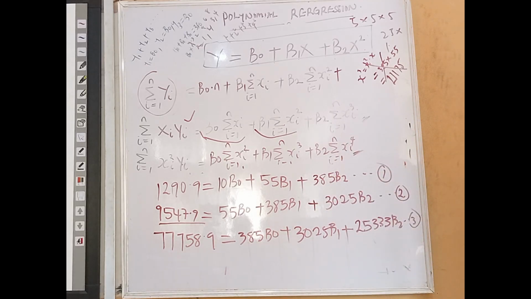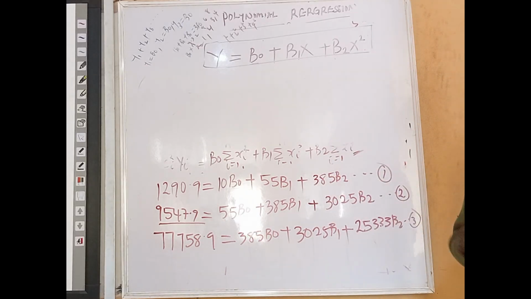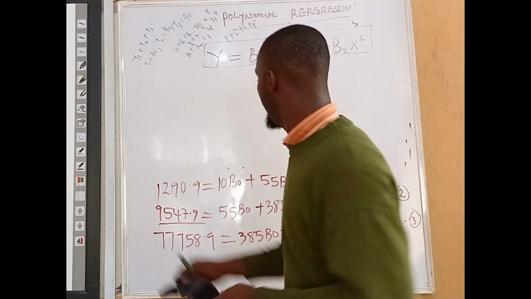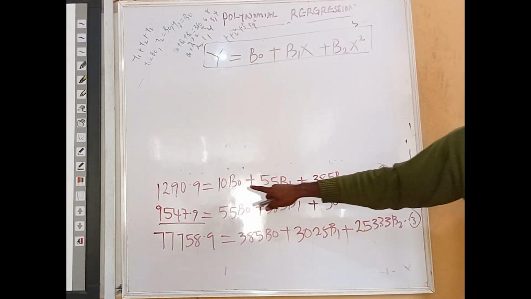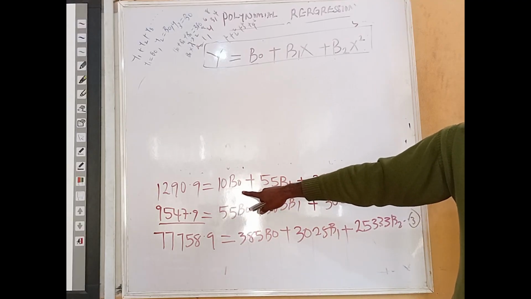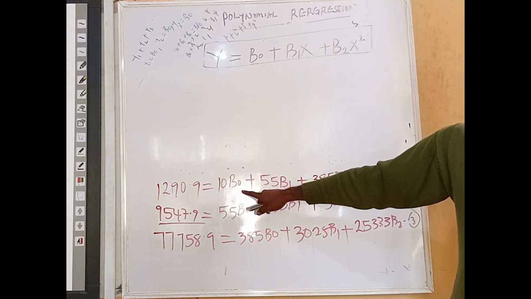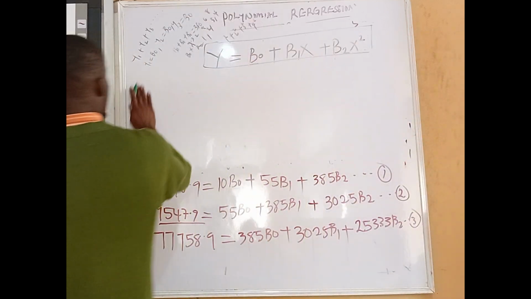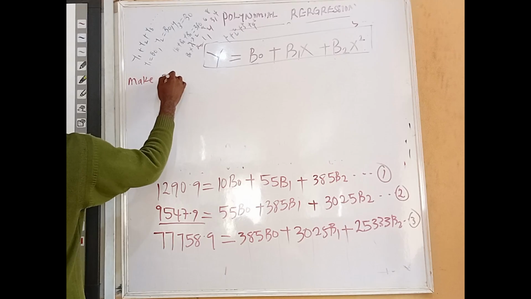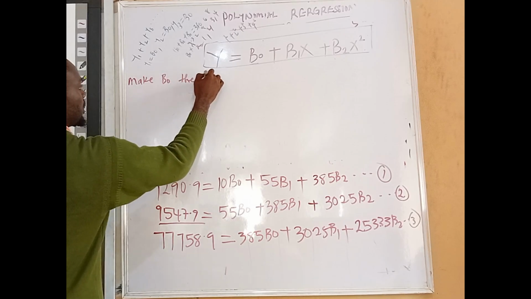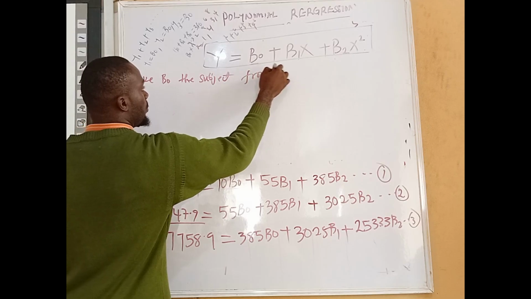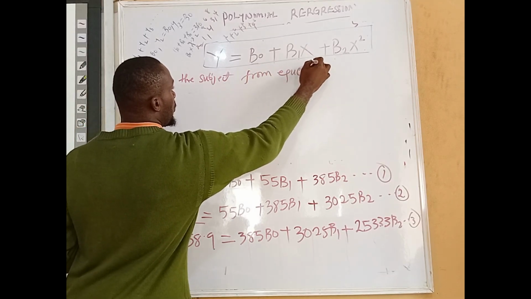So this one will be practical. The first thing to do is to make b naught the subject in the first equation. So you make b naught the subject from equation 1.